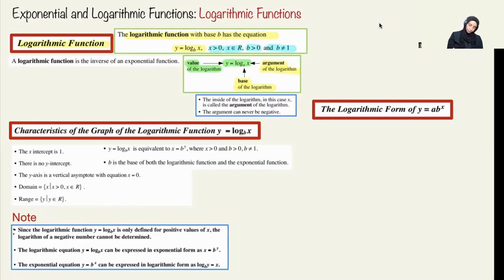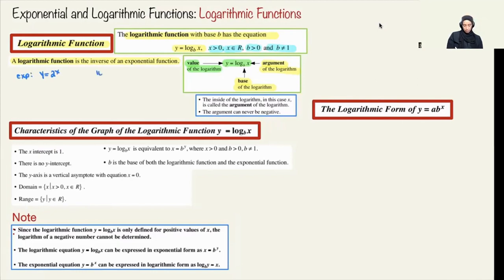All right, so a logarithmic function is the inverse of the exponential function. And so what that means is that, remember when we said inverse functions, it's basically replacing x and y and then solving for your y value. That's basically what happens over here. So if I say the inverse of an exponential function, for instance, with base 2, so let's go y is equal to 2 to the power of x, that's my exponential function, okay?